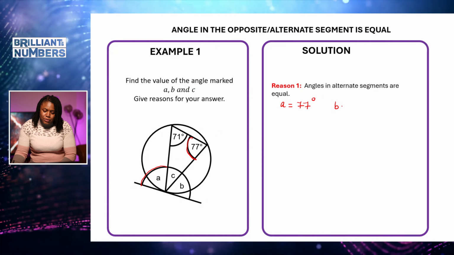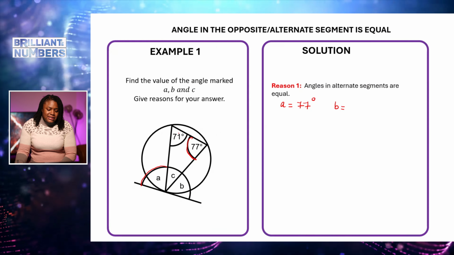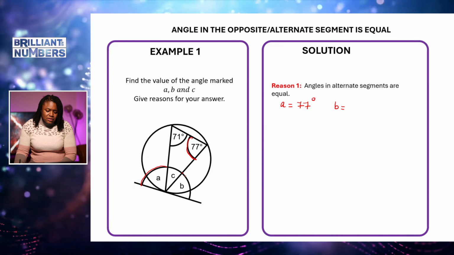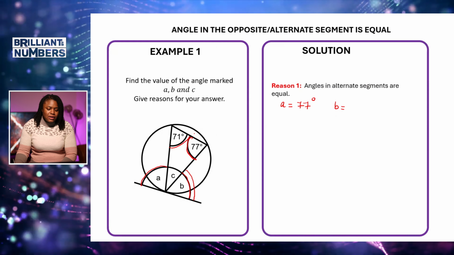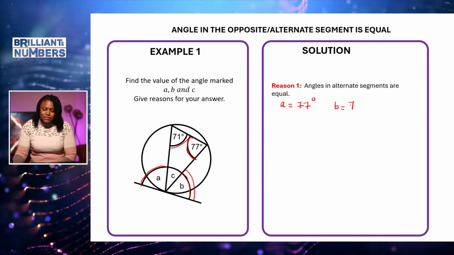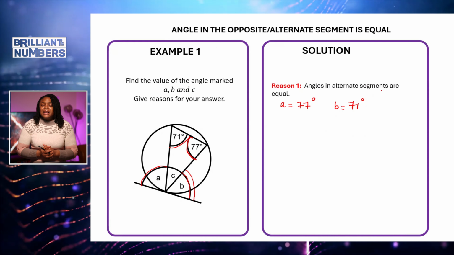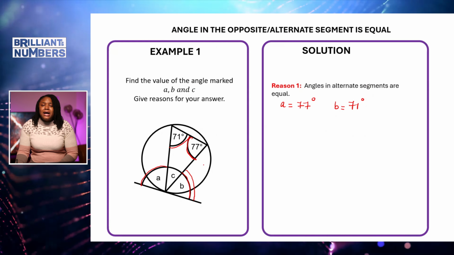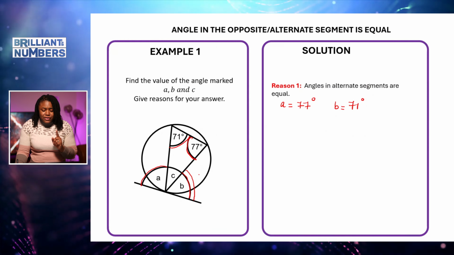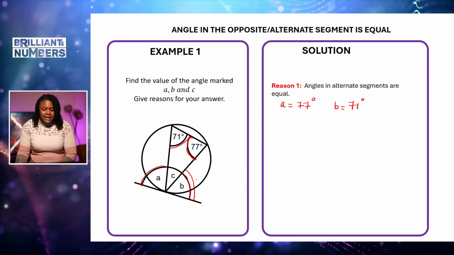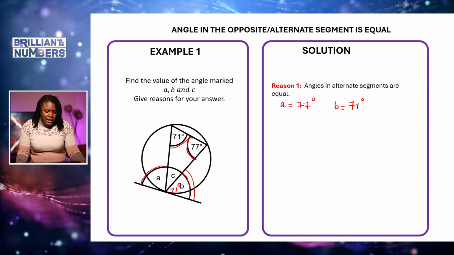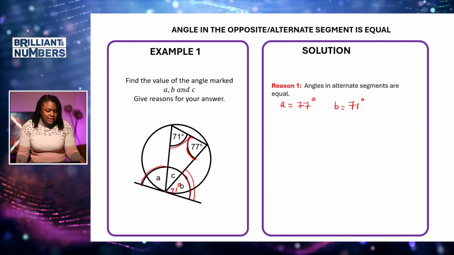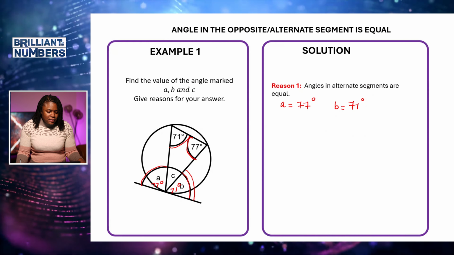B then would be equal to 71 degrees for the same reason. Now, a good practice is to put that on the diagram to close the gaps. So we said B was 71 and A was 77, so we put that in.